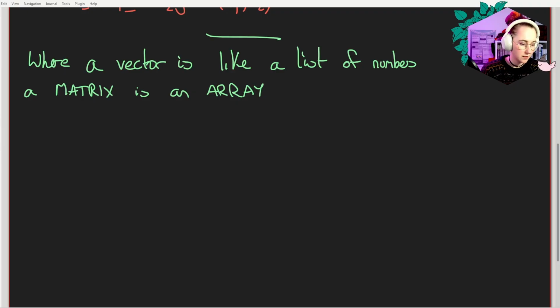So we write matrix A. Matrices I will always denote with capital letters, unbolded capital letters, specifically, unbold.